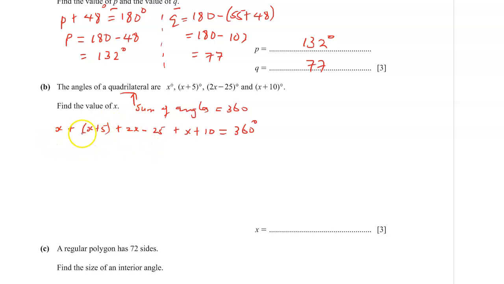Therefore, you can collect the like terms together. x plus x is 2x, 2x plus 2x is 4x, 4x plus x is 5x.